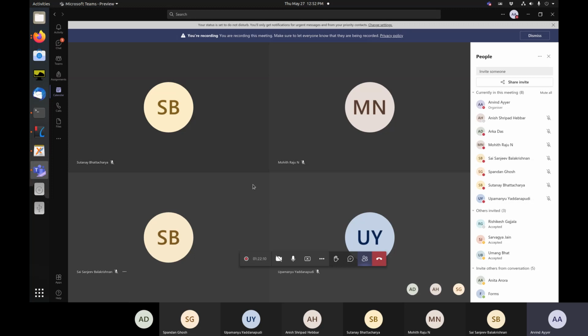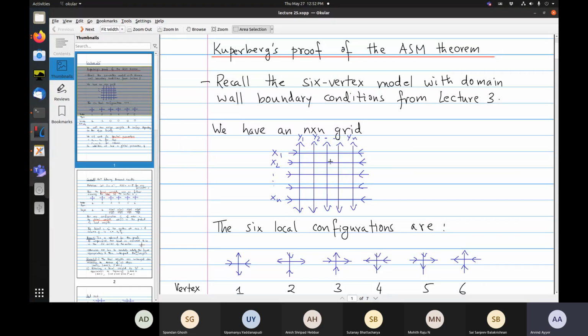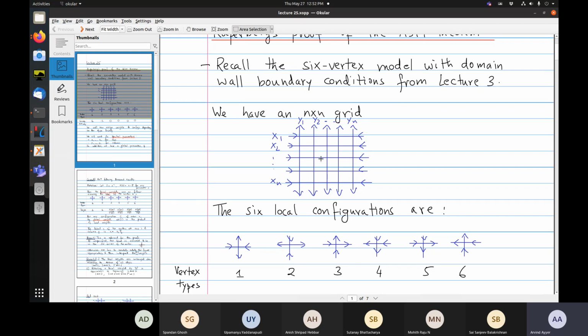via the picture. So let's look at Zn. So from the ASM picture, you know that there will be exactly one in the first row. So that means there will be exactly one vertex which will be of type 1, and the others will be of types 3 to 6.